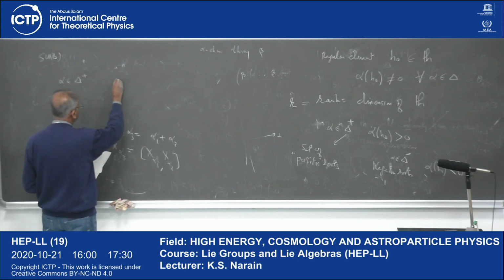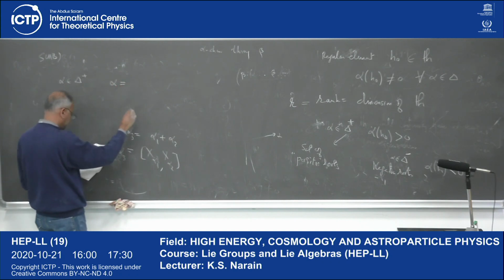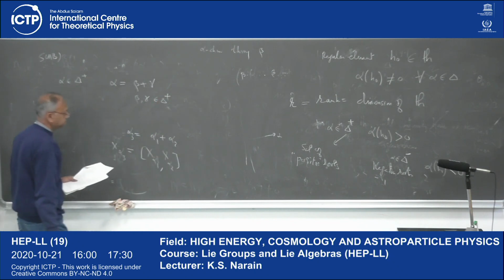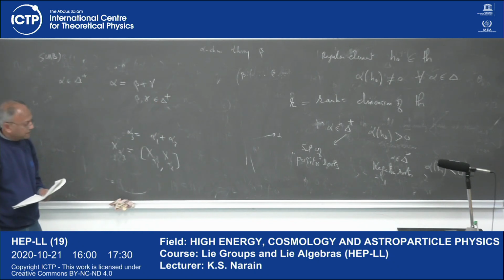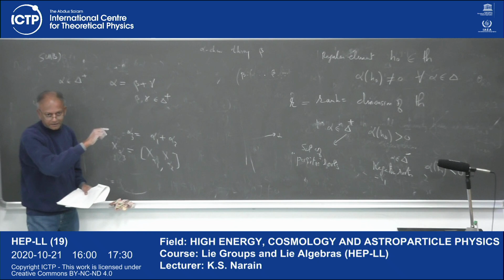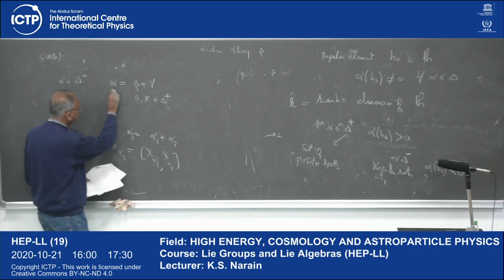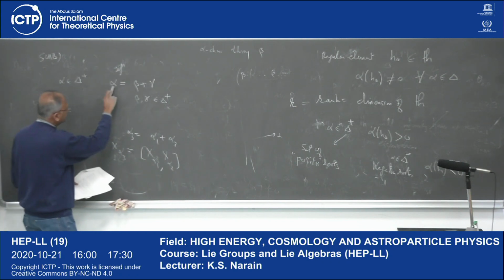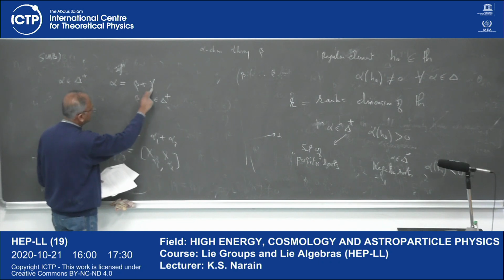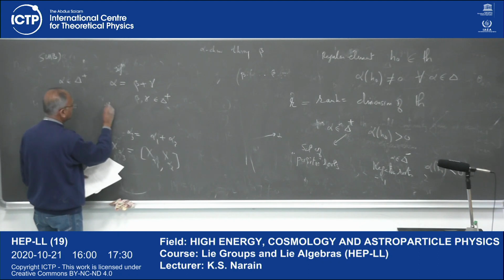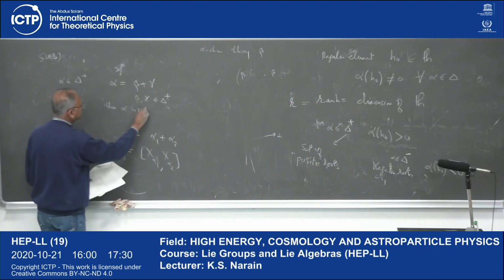Now we are asking the question: can we write alpha as some beta plus gamma, where beta and gamma belong to delta plus? If I can write it like that, then alpha is not a simple root. So if alpha belongs to delta plus and can be expressed as a sum of two positive roots, then alpha is not a simple root.